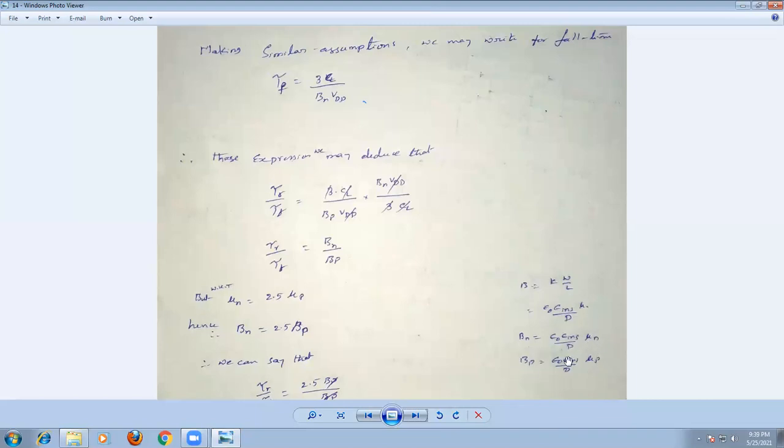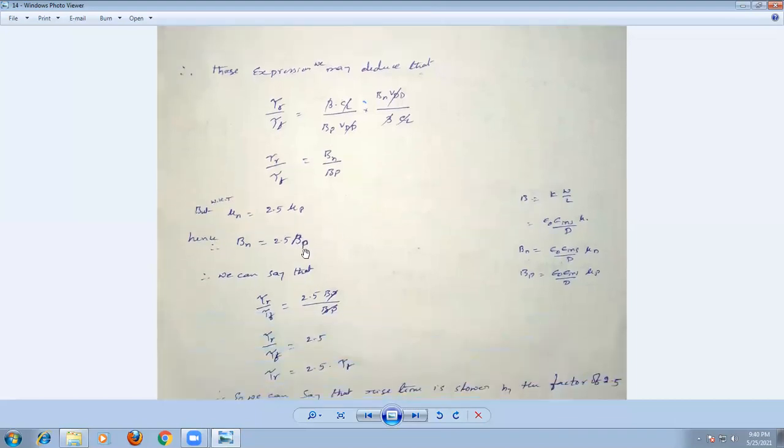So if the mobility of electron in the N channel FET is higher, equal to 2.5 times the value of mu P, substituting in this case, beta N is equal to 2.5 times the value of beta P.